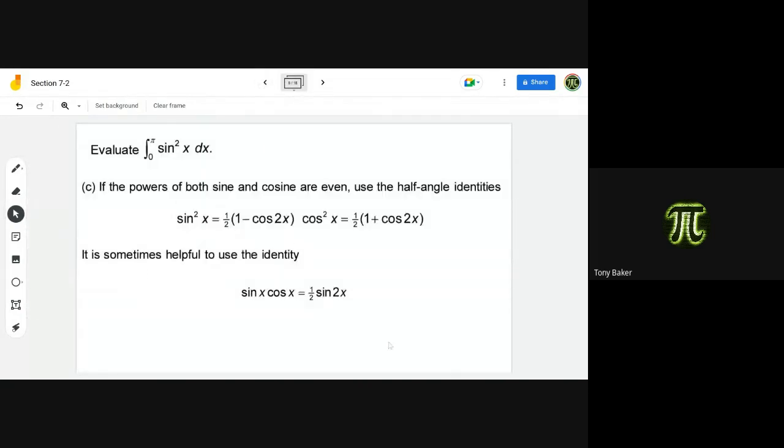All right. There were 2 things on this slide. The second one is sine x cosine x equals 1/2 sine 2x. That's also an option. So let's try that one.